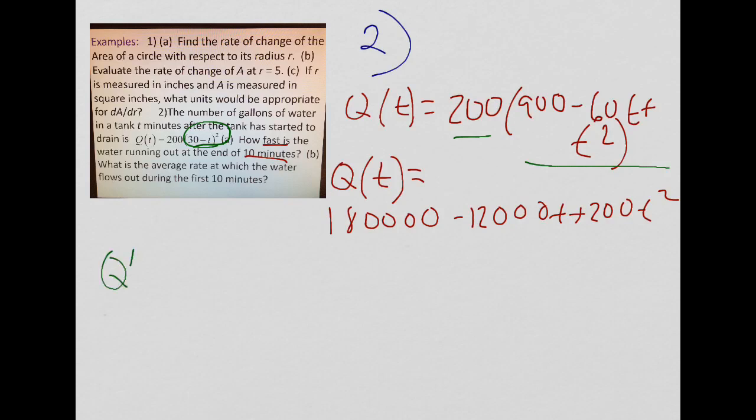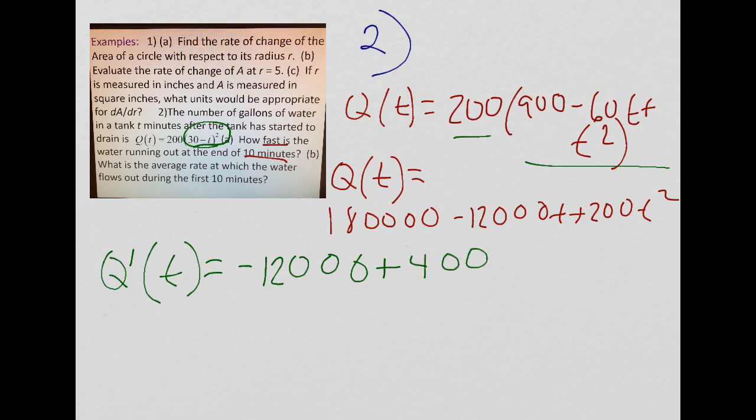So now Q prime of t, okay, don't plug in first. Remember from the last lesson, plug in last. So I'm using the sum and difference rule in conjunction with the power rule. And this is what I get for Q prime of t.